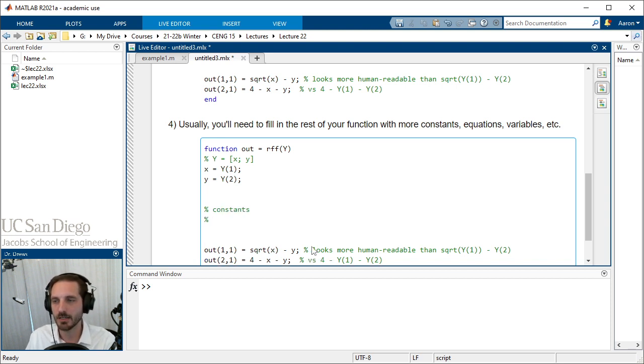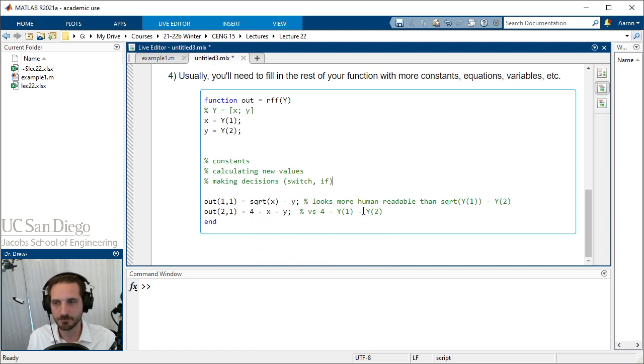It might be calculating new values. It could be making decisions, right? You may need switch cases or if statements, things like that.